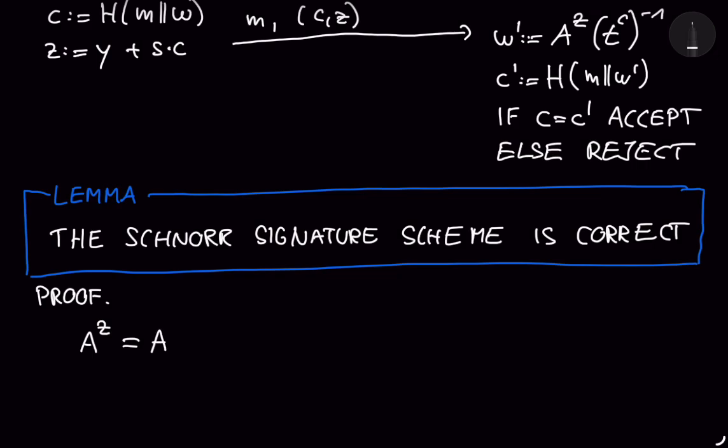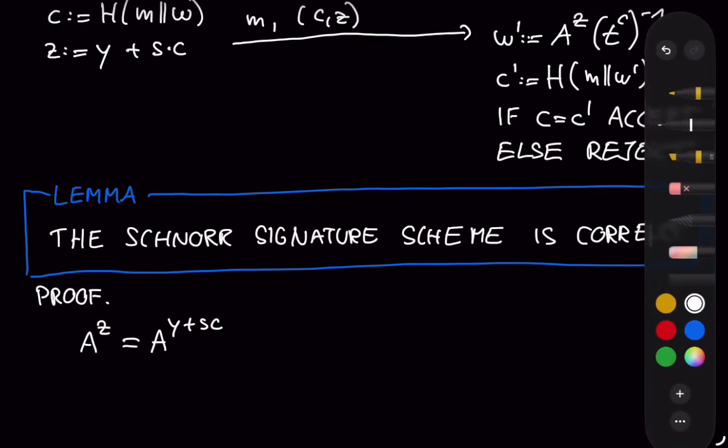Actually, I forgot to put one thing, or this is not really necessary, but how to consider it: Z and Y and S are powers of A, and A generates a cyclic group.